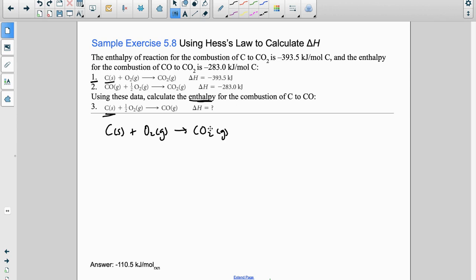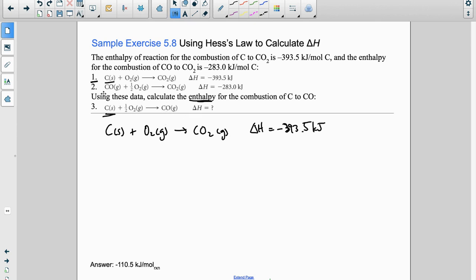And since I kept this exactly the same, my delta H for step 1 is going to be exactly the same. And then I look, my O2 is in 2 places. So I'm going to deal with my CO first because I'll leave this for last and hope that it comes out once I get my CO into place.